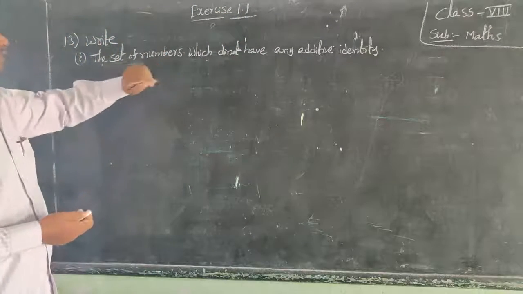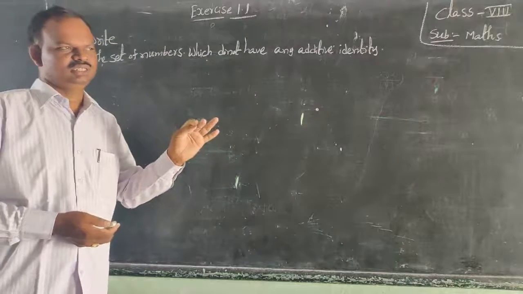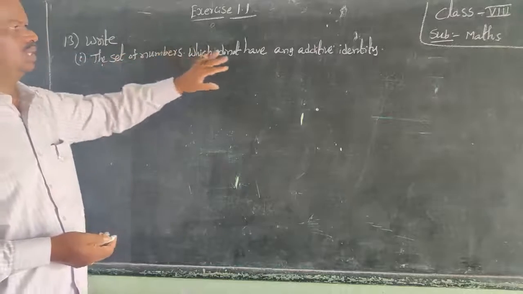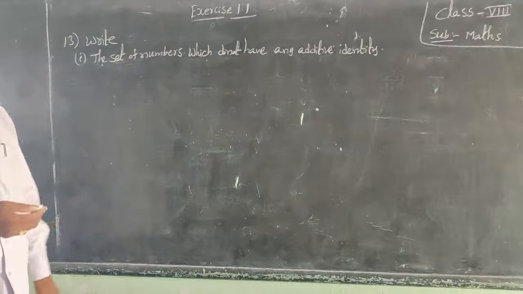The set of numbers means natural numbers, whole numbers, integers, rational numbers. Which type of numbers do not have an additive identity? That means they do not have zero.